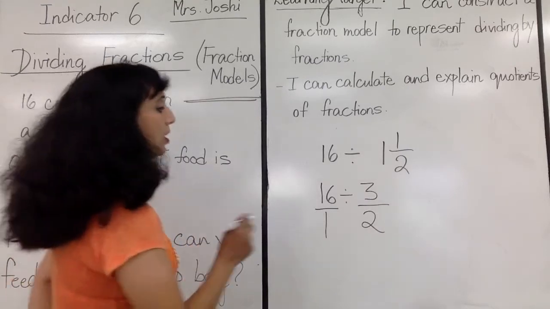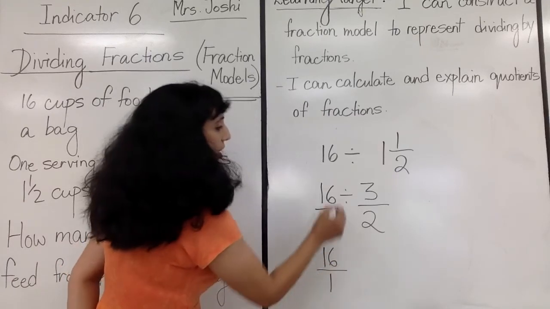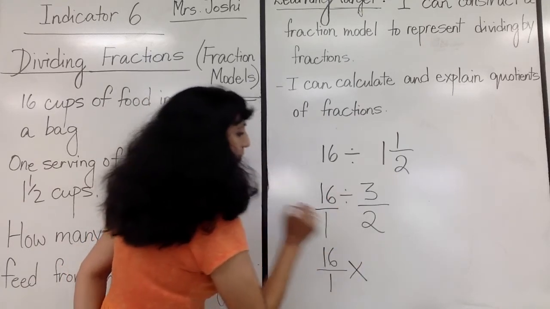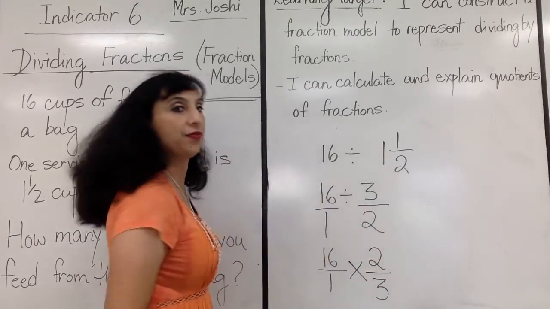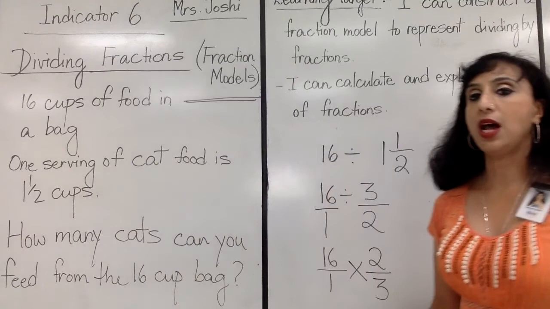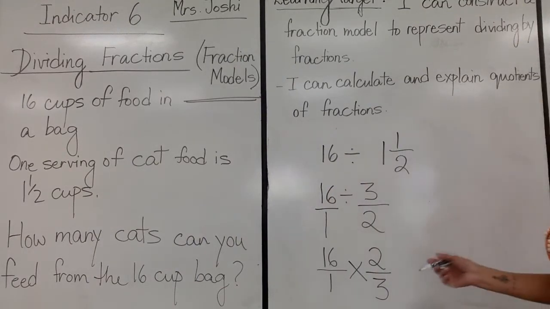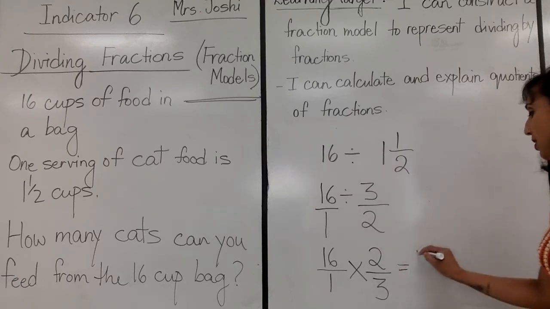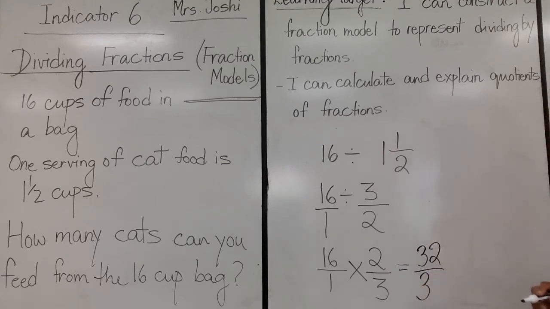Now you bring this down as is, leave this alone, change the division to multiplication, flip the second number. Okay, now when I do this, I can see there's nothing to simplify before I multiply. So 16 times 2 is 32 divided by 3.